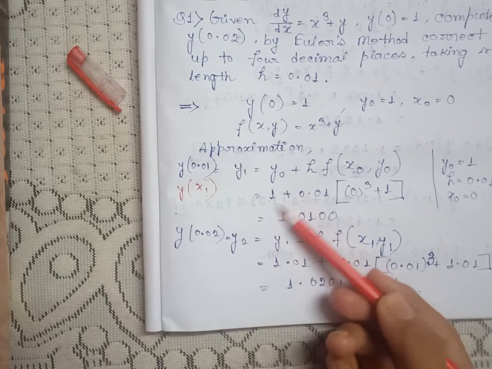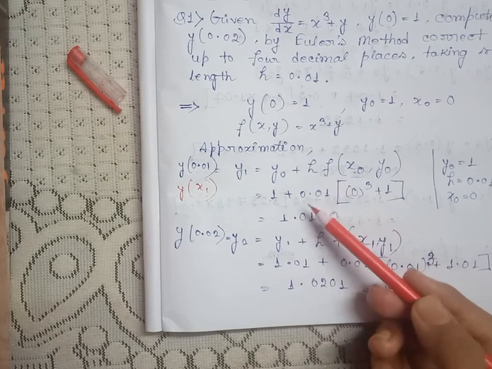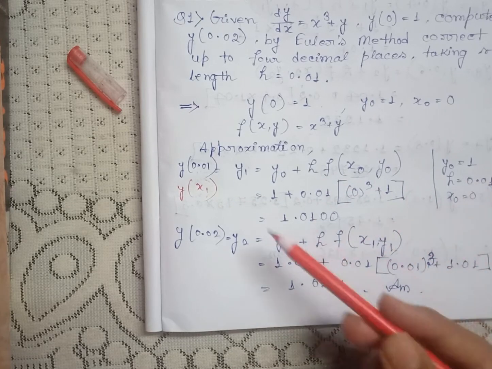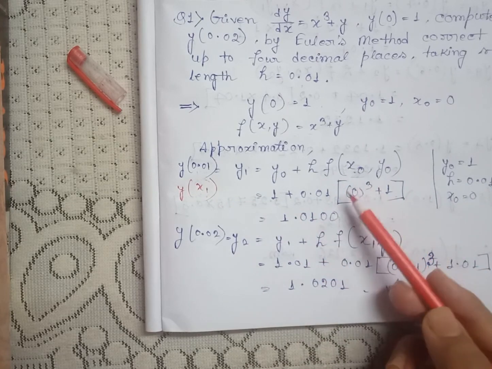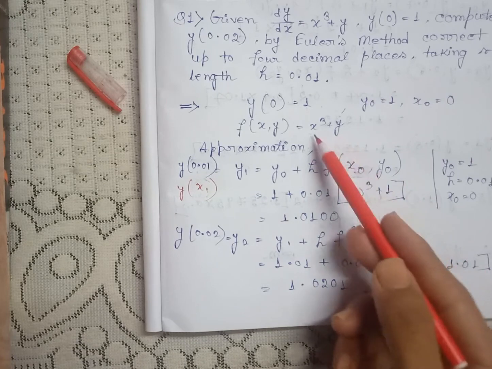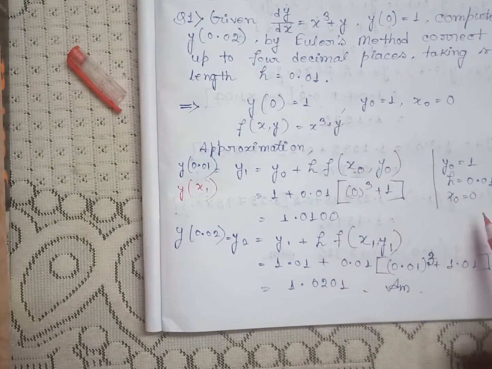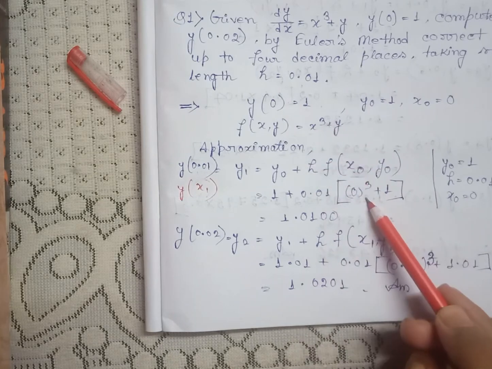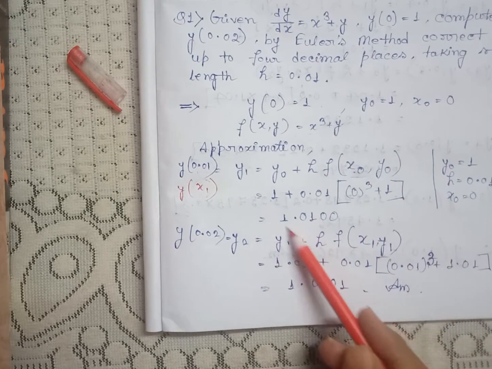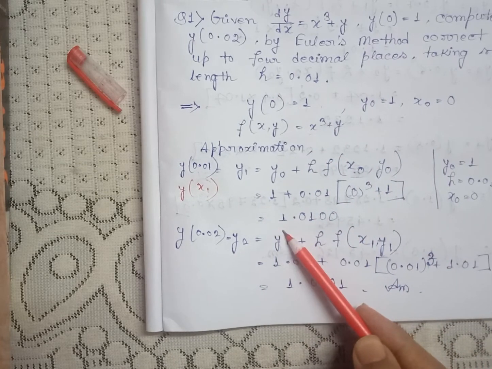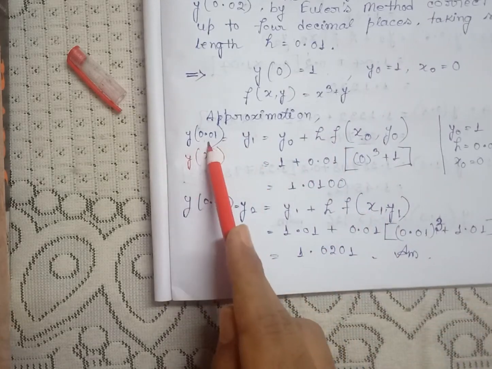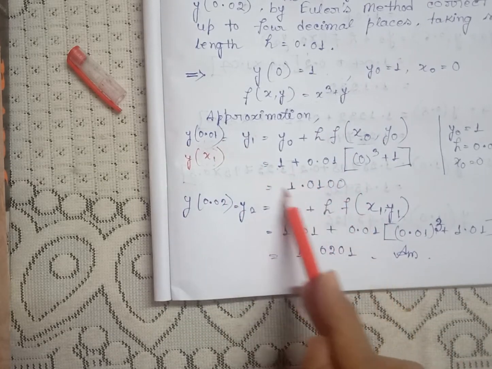So y0's value is 1, h's value is 0.01, which is given. Now the formula is x cube plus y. So x0's value is 0, so 0 cube is 0 plus 1. The value is coming out as this. So y of 0.01 is this value.